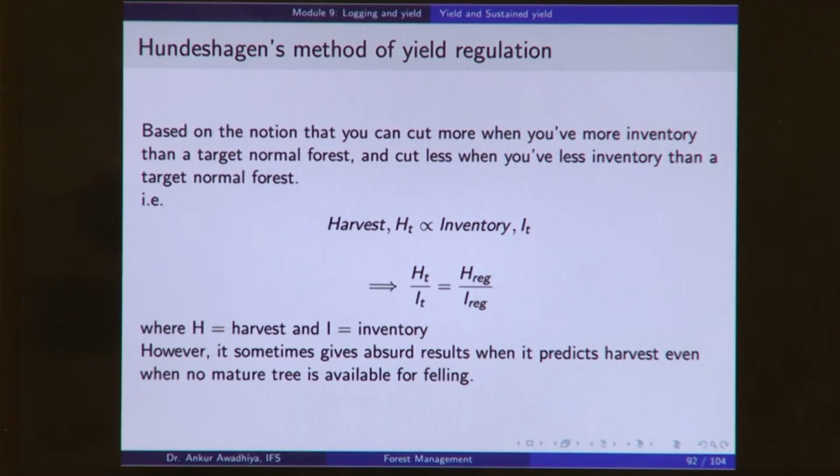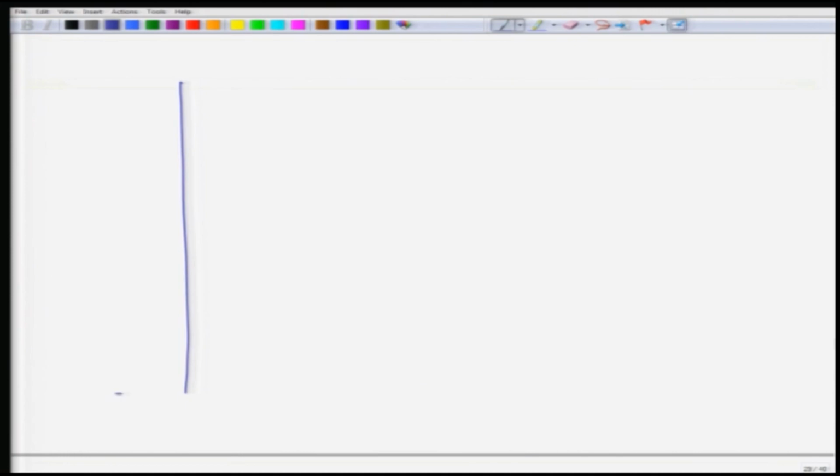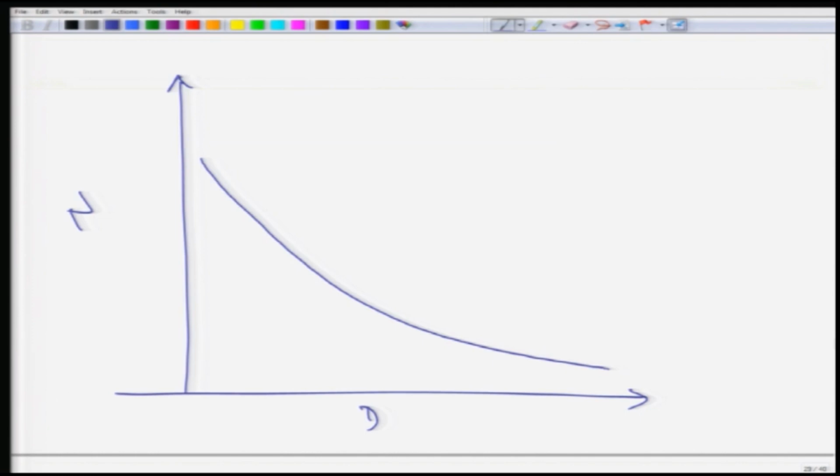Now, what is it saying? We saw in the case of a selection forest that it has a diameter distribution curve that looks like this. So, it is an inverse J curve.